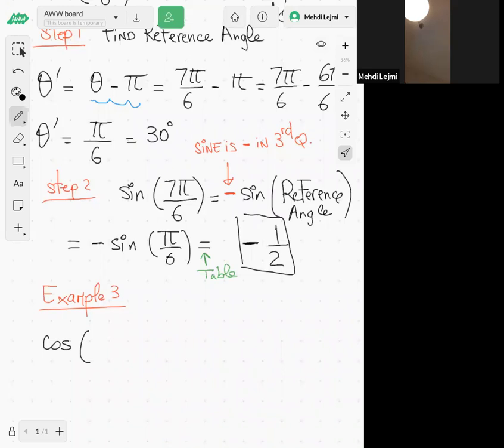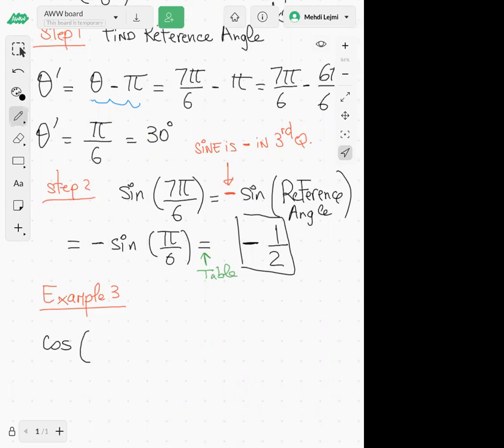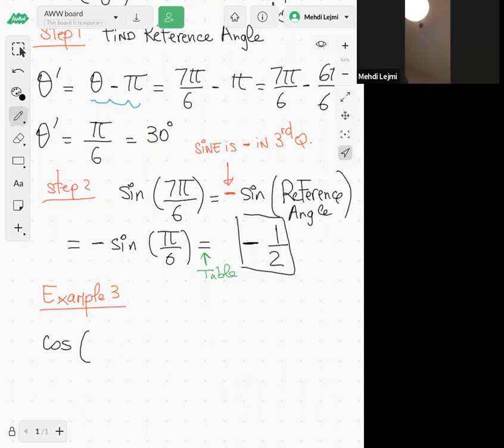So for example, you want to find cosine of 315 degrees, or in radians, 7 pi over 4.